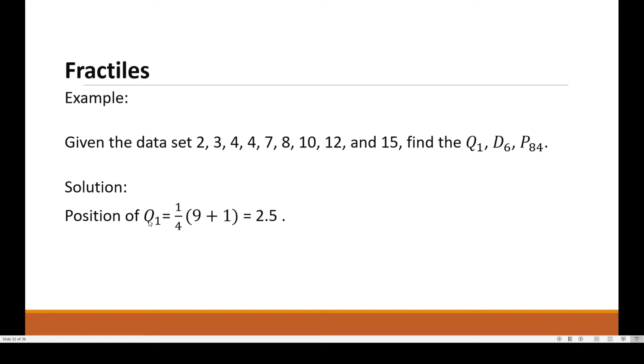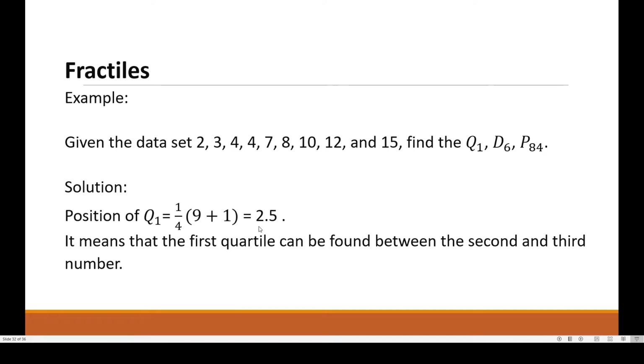The position of Q sub 1, or first quartile, is 1 over 4 times n plus 1. 1 because we are solving for the first quartile, 4 because quartiles divide the data into 4 equal parts. And n is 9 because there are 9 elements: 1, 2, 3, 4, 5, 6, 7, 8, 9. So 9 elements in the given data set, which equals 2.5.